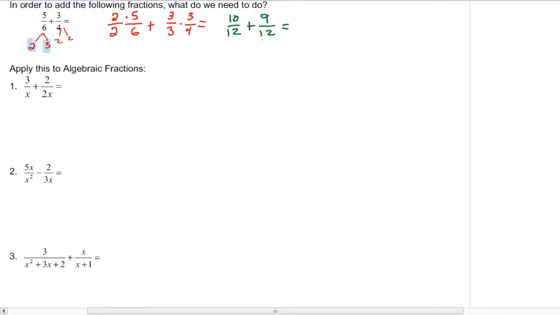So 10 over 12 plus 9 over 12 is going to be 19 over 12. And that's your final answer.